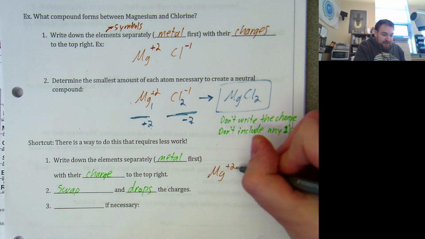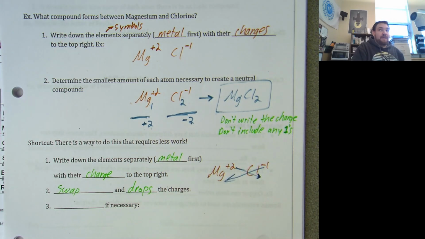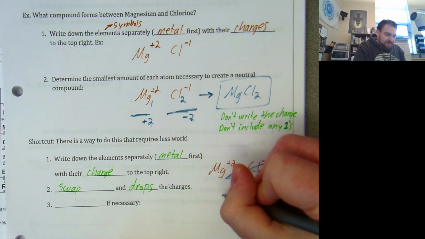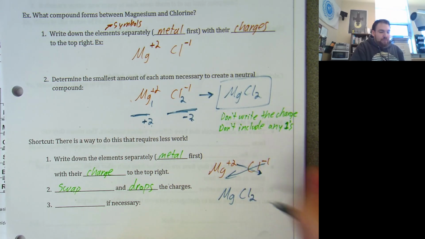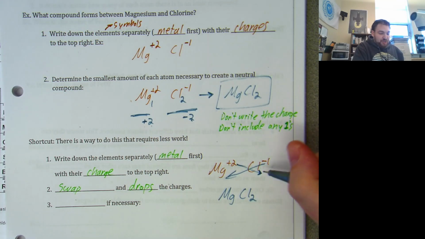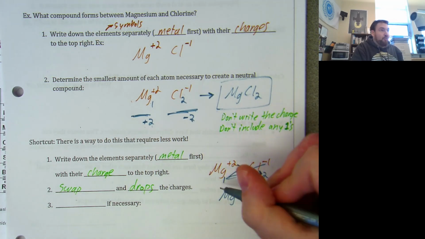So you can take that number there, we can swap the charges and drop them down because of the little quirk in the least common multiples. So this guy becomes MgCl2. And again, we don't write the charges once we've put the thing together, and we don't include any ones. So the 2 drops down there, the 1 drops down there, and then in the final form, we don't write it.